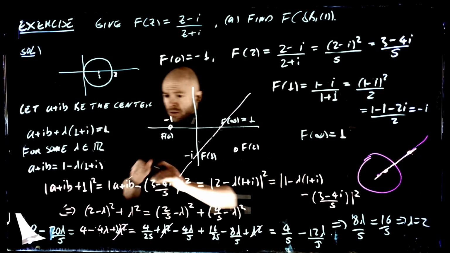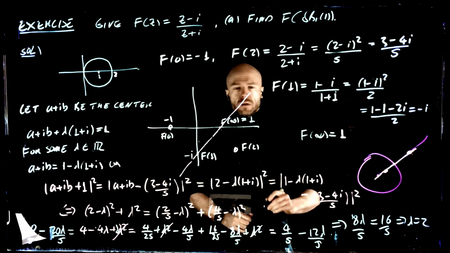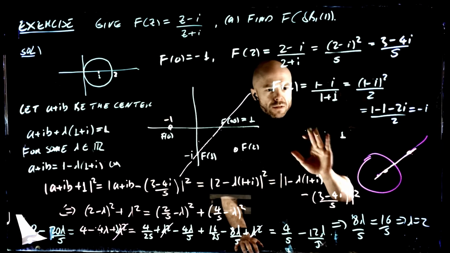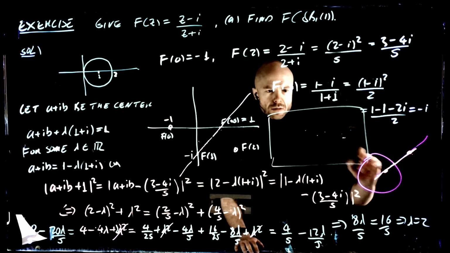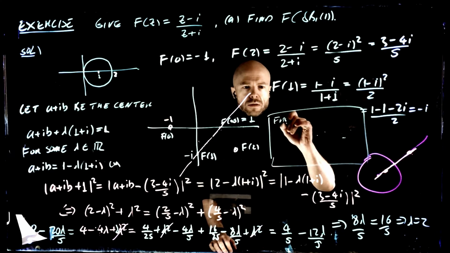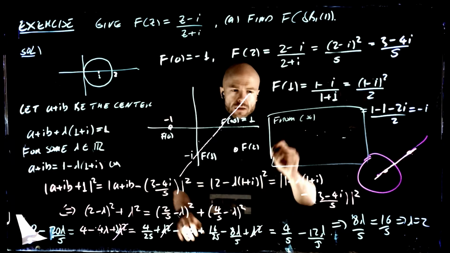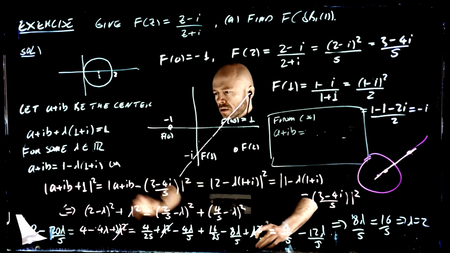So from star, this implies that our center, A plus iB, has to equal this thing.